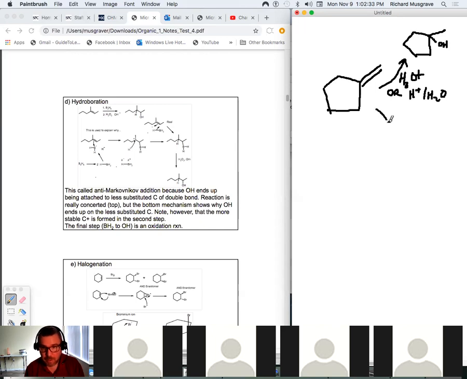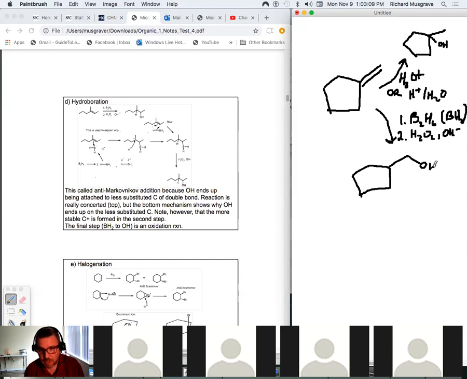But if we treat this same alkene with the first step, B2H6, or you might see BH3 here as well, and the second step, H2O2 and OH minus, then what we're going to see there is the OH on the end, like that.